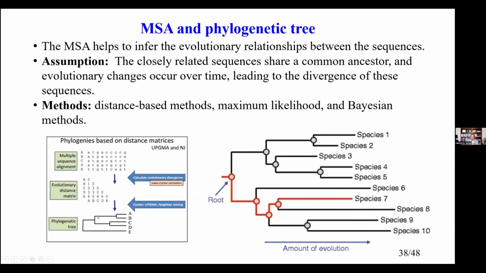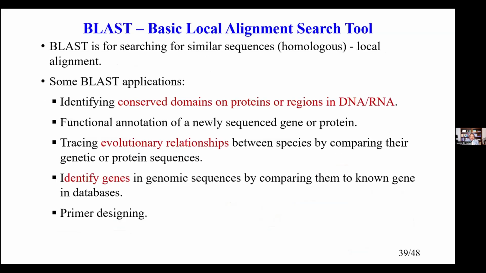There are many algorithms, and this is useful to show the relationship between different genes or genomes. It shows you the relatedness between these genes, and you can visualize how these species are related.